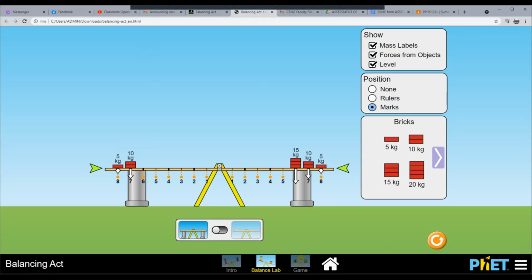Okay. So if we place a support here, whatever load we provide in both sides of the fulcrum, it would not have an effect on the balance condition. So it would maintain its equilibrium condition. Let's say we place another 15 kilogram here, another 20 kilogram here.